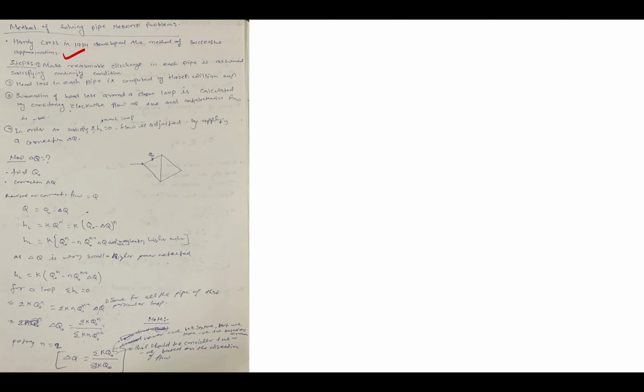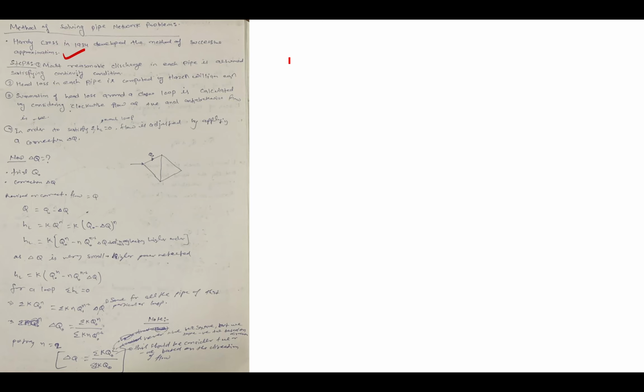So step first was what? Basically he has given the steps. First, the most reasonable discharge in each pipe is assumed to satisfy the continuity condition.